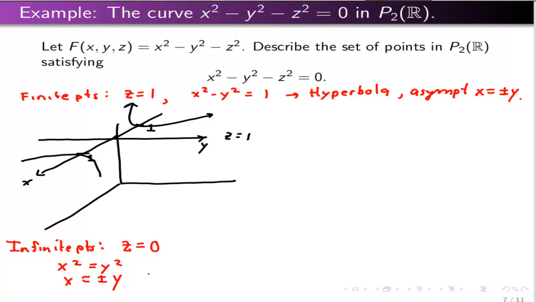So what points are these in the projective plane? So you would have the z coordinate is 0. Let's set the y coordinate equal to 1. And so we can have x to be plus 1 or negative 1.